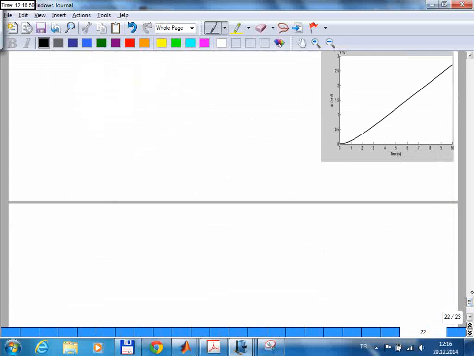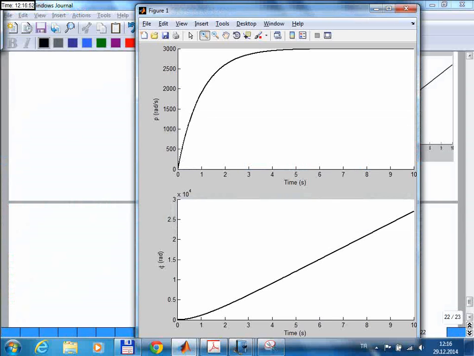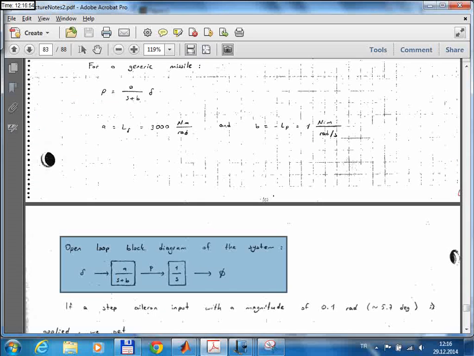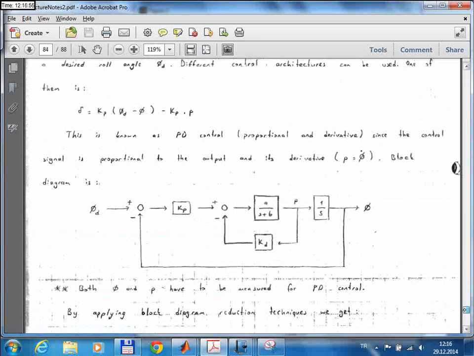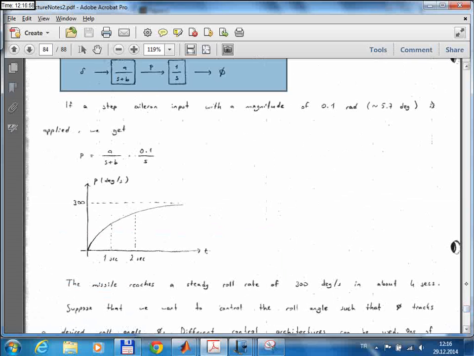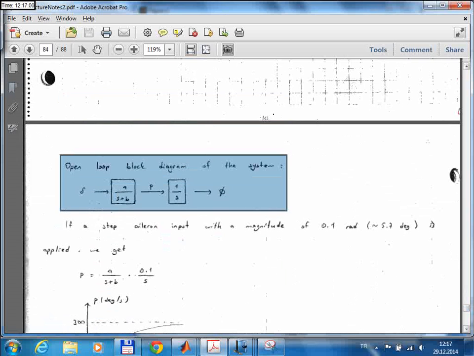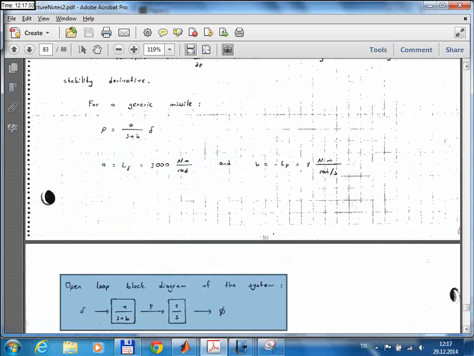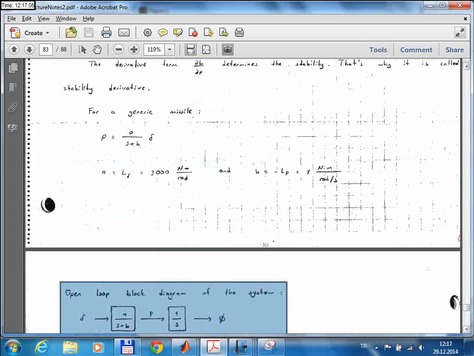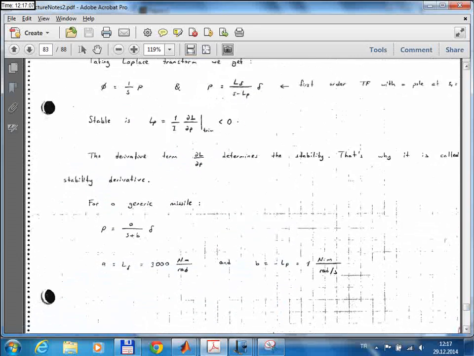Okay, so in the second part, we are to design a controller for this system.